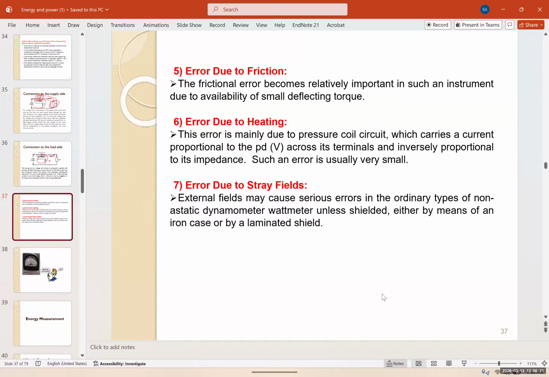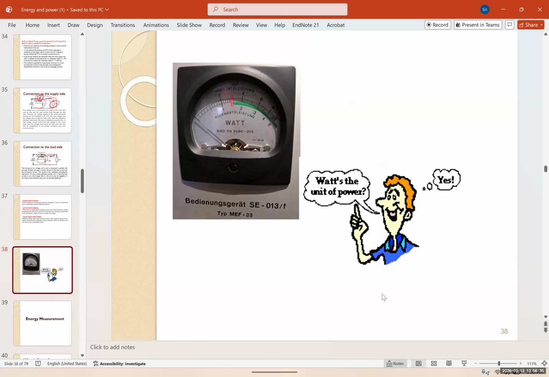You have magnetic fields coming to it and has a little bit of effect on the coils, the magnetics, either by means of an iron case or by laminated shields as well. And this actually shows an example of a wattmeter. And you can see that it's measuring, yes, the power.